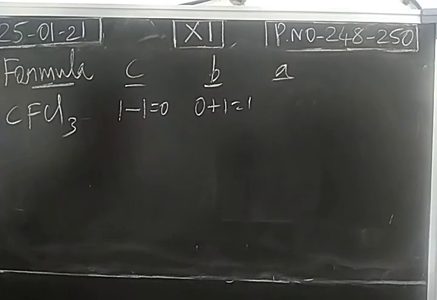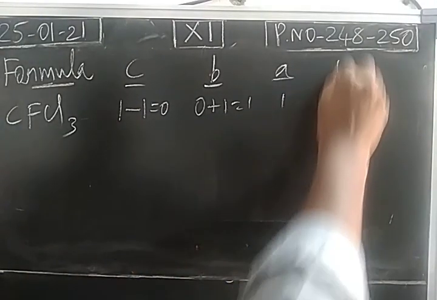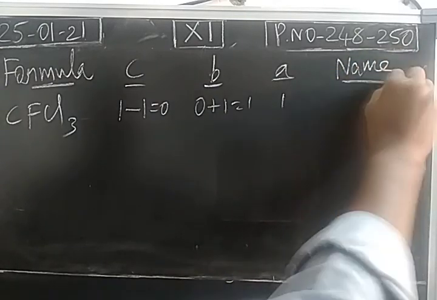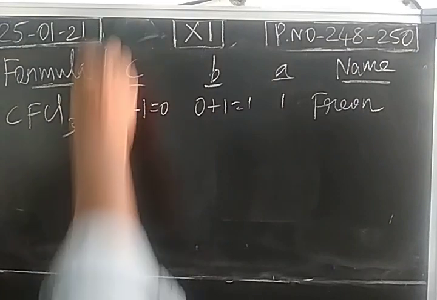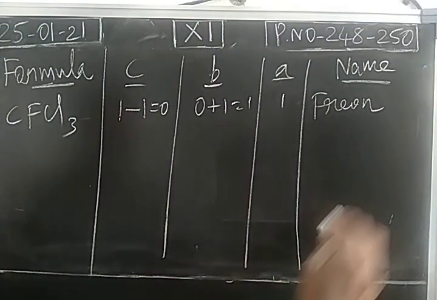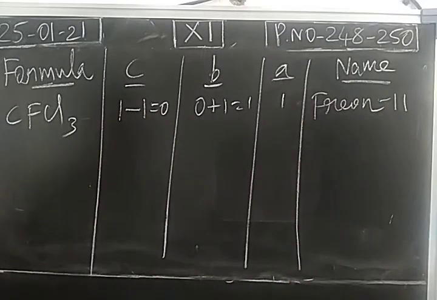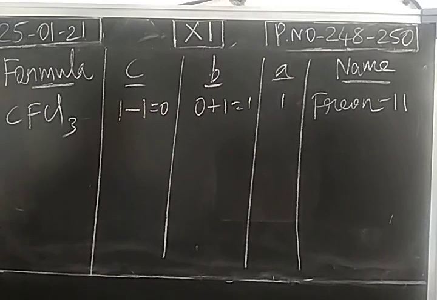A represents the number of fluorine atoms. It has only one fluorine. So the name can be written as freon 1,1. Freon 1,1 represents the compound CFCl3.